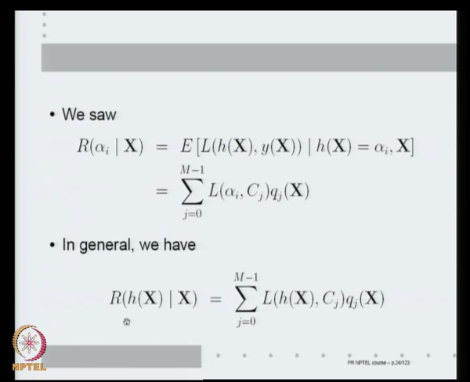So, we can write R(h(x) given x) as the summation over j equal to 0 to m minus 1 of L(h(x), c_j) q_j(x). This is the expression that we are going to use in deriving our final expression for the risk. Once we derive the final expression for risk, then we will see how to minimize this.